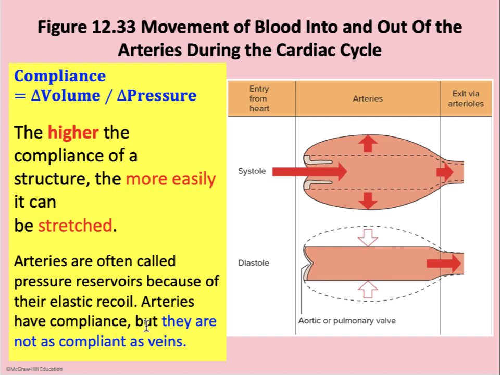Veins can easily be stretched with a little bit of pressure. Arteries need a bit more pressure than veins, but still they're pretty compliant. A simple formula allows us to understand the components of compliance. Compliance of any structure is equal to the change in volume divided by the change in pressure.